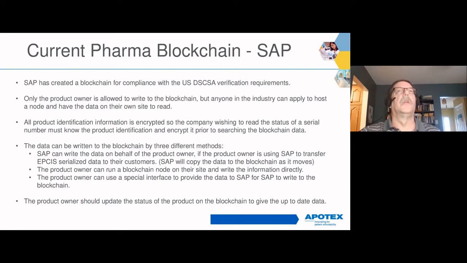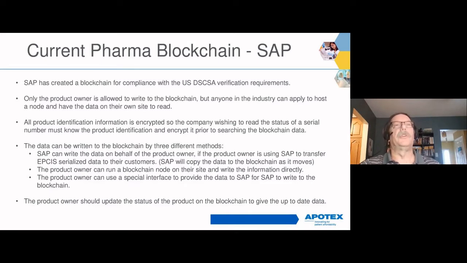And this is because this particular instance of the blockchain is only recording the status of the materials at this point, and they're not trying to trace where in the supply chain the product actually is. But anyone in the industry can apply to host a node and have the data on their own site to read.